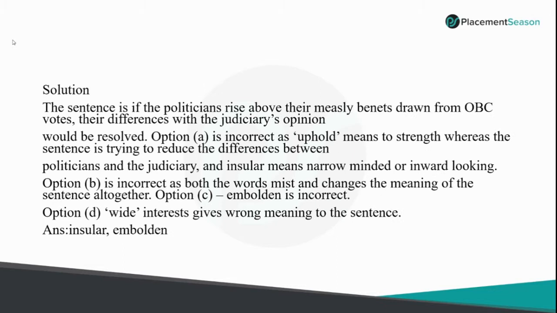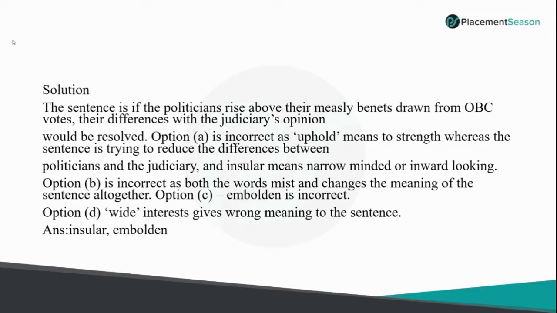So what is the solution? The sentence is: if the politicians rise above their measly benefits, that is, the benefits they receive from the OBC votes, their differences with the judiciary's opinion can be resolved.